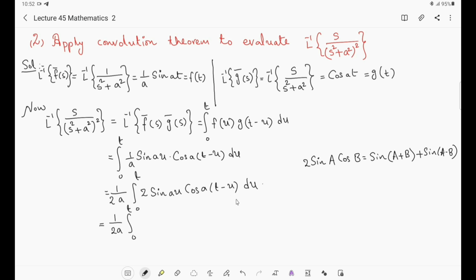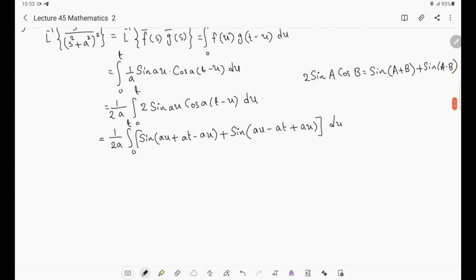So sine of au plus at minus au. First term is over, then plus the second term, sine of A minus B: A is au, minus B is at minus au. So at, minus and minus becomes plus au, into du.